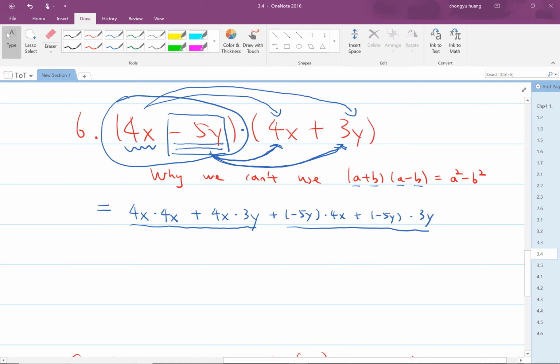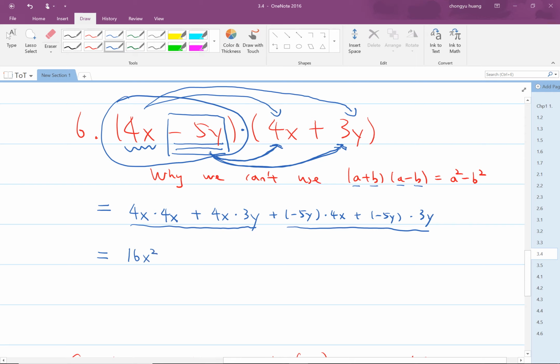Okay, so let's move on, we have to simplify it. You can see over here, we have 4x multiplied by 4x, so it's actually 16x squared.